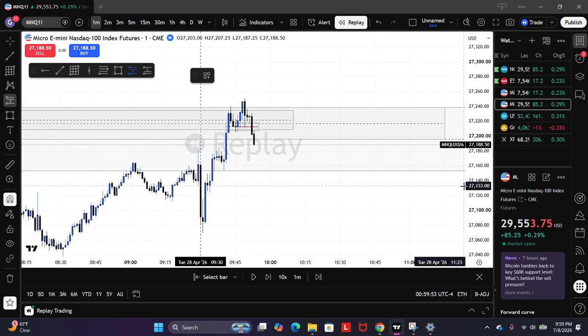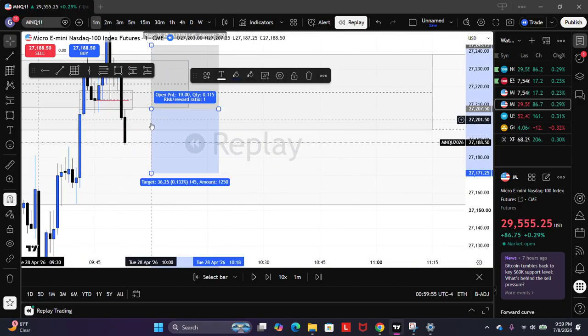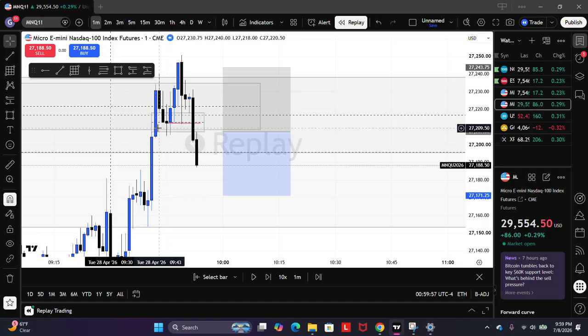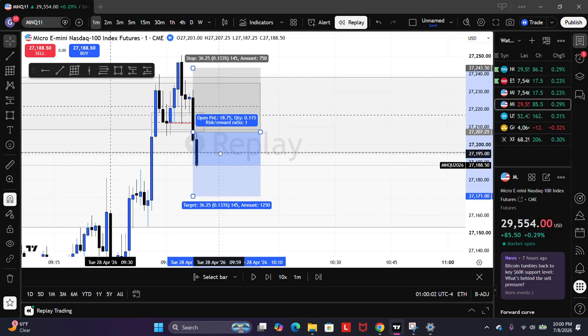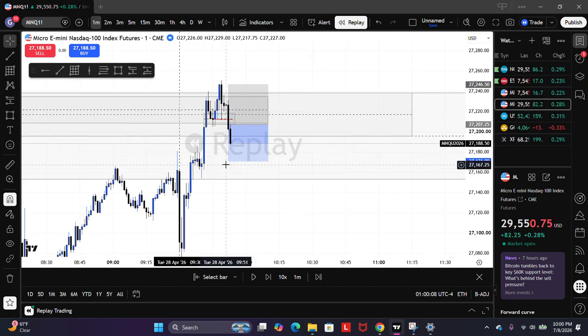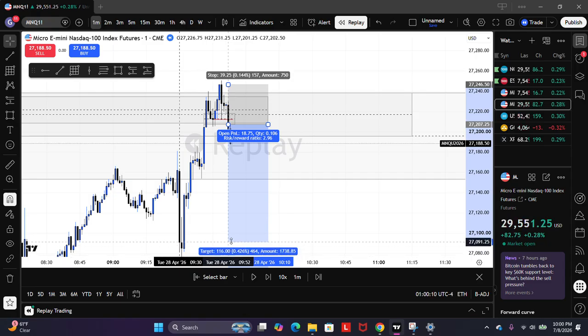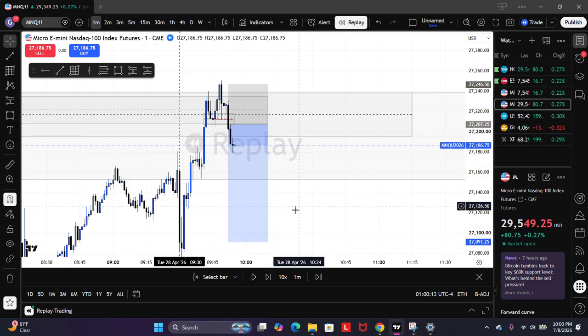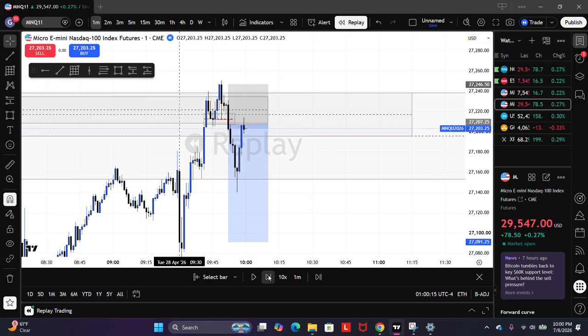So I would enter on the retracement into this order block, but we made a fair value gap. So I'm gonna do this. Probably put the stop right there. Target on 1 to 3. See what happens. Okay.